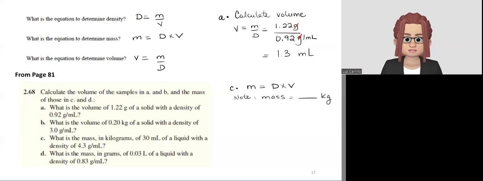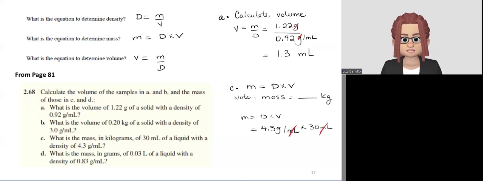We have to keep that in mind. When I read the problem, since I know that mass equals density times volume, I'm going to find the density. It tells me that it's 4.3 grams per milliliter. My volume is 30 milliliters. When I look at the units and how they cancel, milliliters cancels with milliliters.